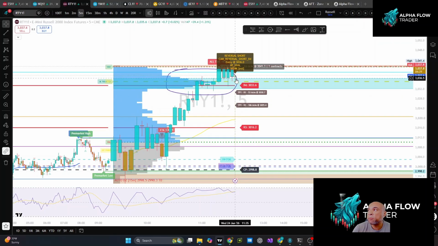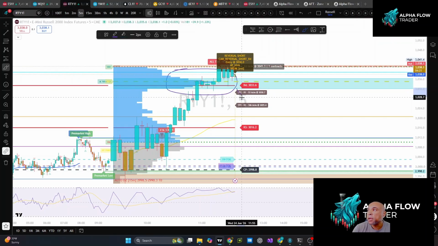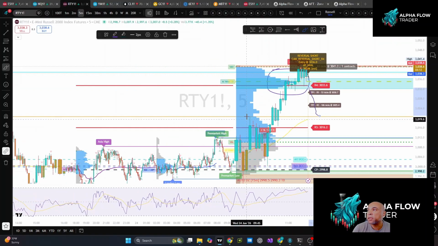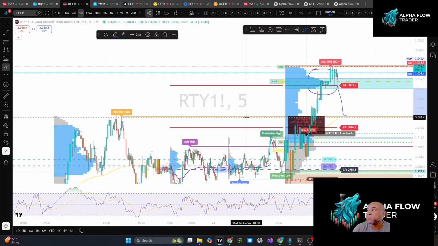Let's see if we can get more of a bearish candle that'll break out of this high volume node, and we can ride it down to, probably my first target would be this prior day's high there.